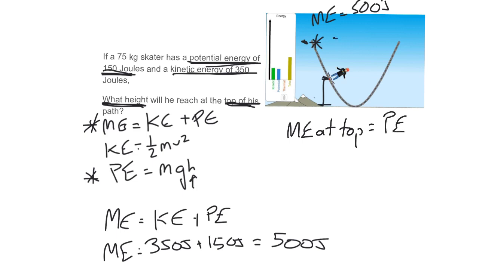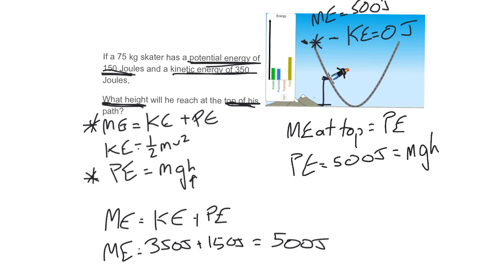That's because at this point, when I'm turning around, my kinetic energy equals 0 joules. So at the top, I know that my potential energy equals 500 joules. And I know that my potential energy equals mass times gravity times height.